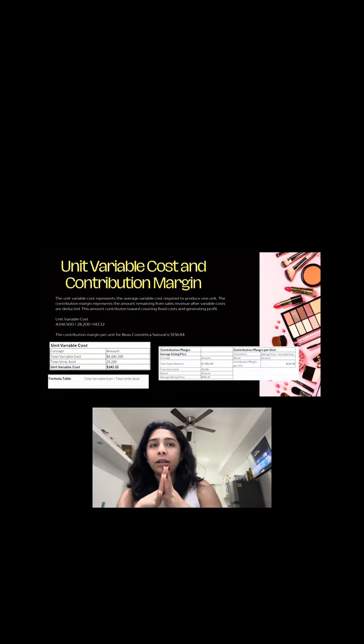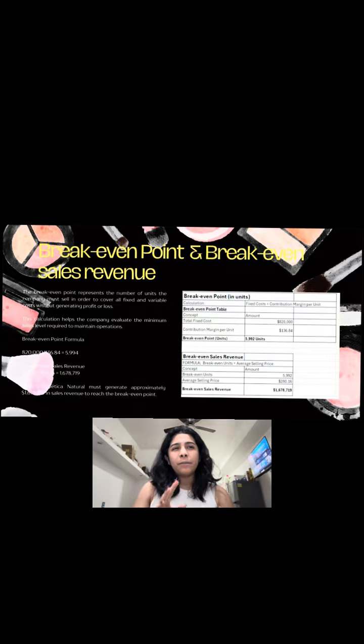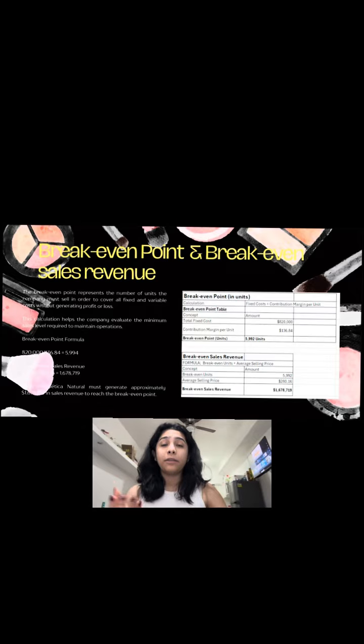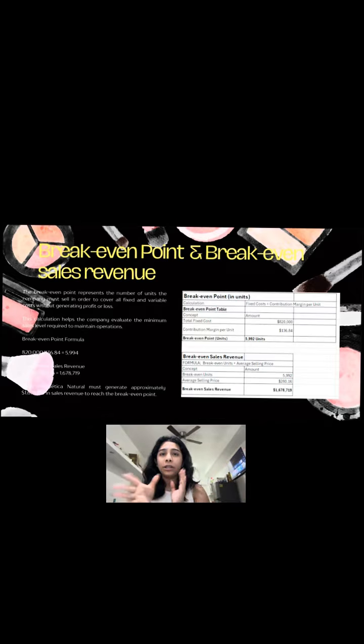We also calculated the contribution margin, which is the amount remaining after subtracting variable costs from the selling price. This amount helps cover fixed costs and generate profit. Cosmética Natural has a contribution margin of 136.84 pesos per unit, which shows that the company can generate a positive contribution. We also calculated how many units the company needs to sell in order to cover all fixed and variable costs without generating either profit or loss.